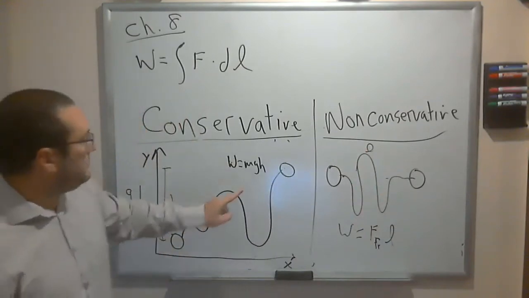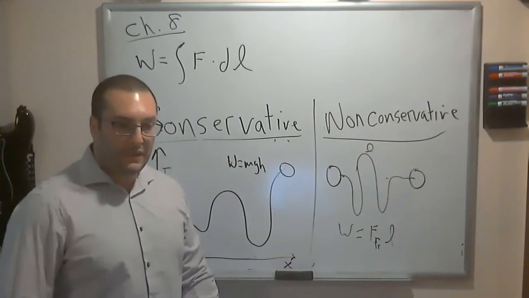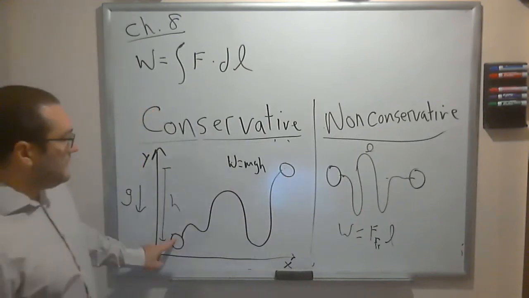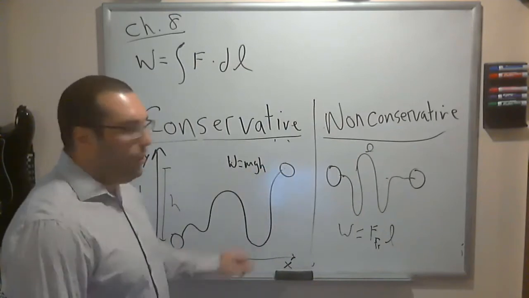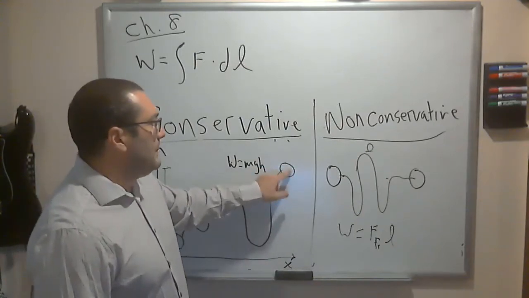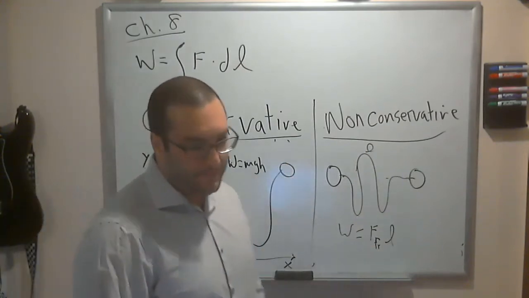I just care about the beginning and end points, and I could calculate everything about this endpoint if you give me the beginning, or calculate things about the beginning if you give me the final point.